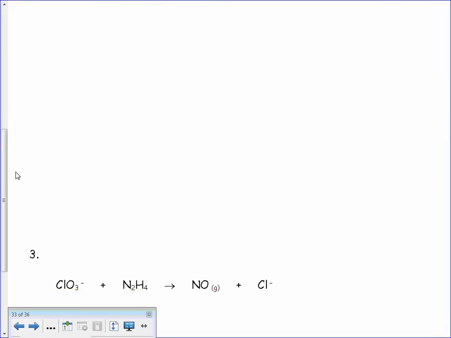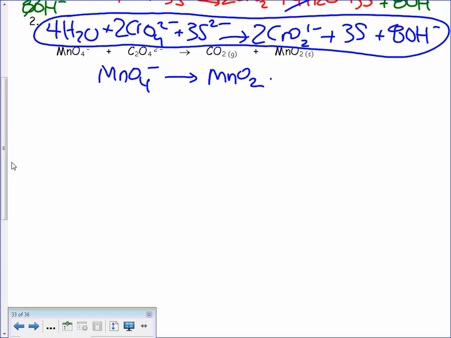So, adding 2 waters to this side to balance up my O's because my Mn's were already balanced. Balancing my O's, I see that now I have 2 waters on this side, so that gives me how many H pluses? 4 H pluses on this side. And then charge balance.